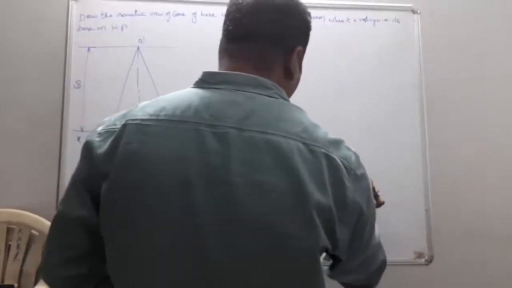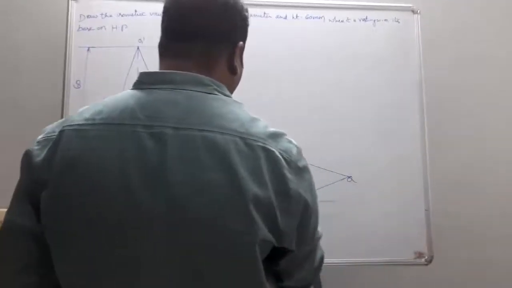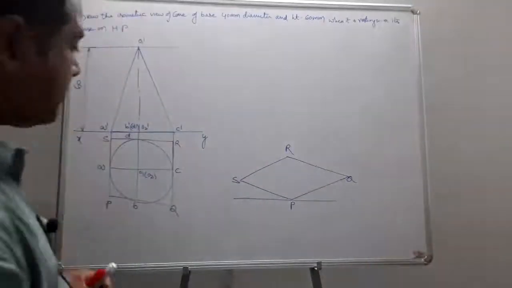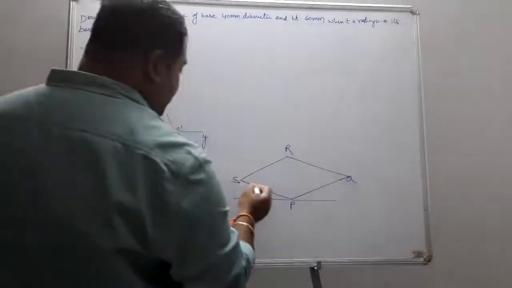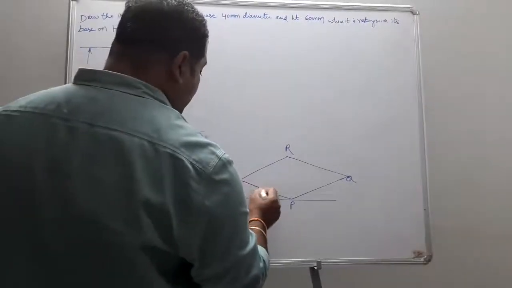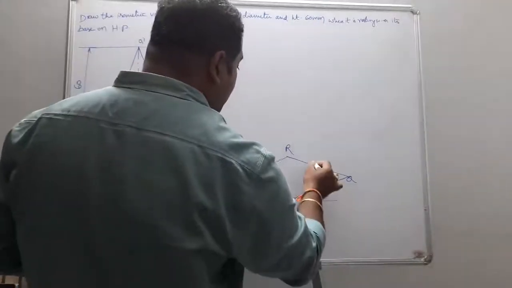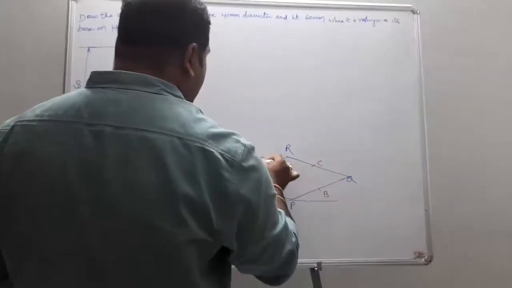So this is P, Q, R, S, such that the points are in between S and P. It is going to be A, B, C, D.